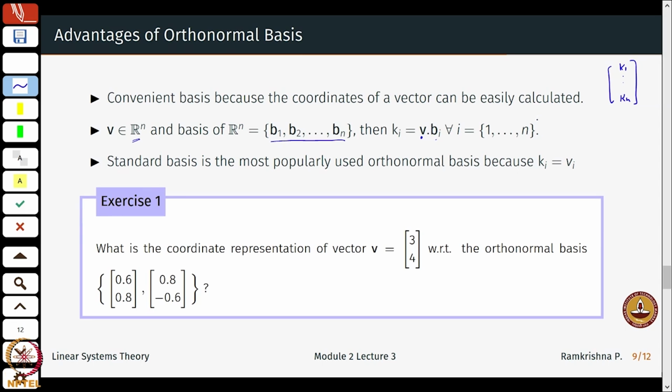Okay, I do not really need to do this. I think this is kind of trivial in its own way, and maybe you can just write down the details of this. Okay. So, the standard basis is an orthonormal basis because ki is simply Vi, the ith component of this vector V, coming directly from here.